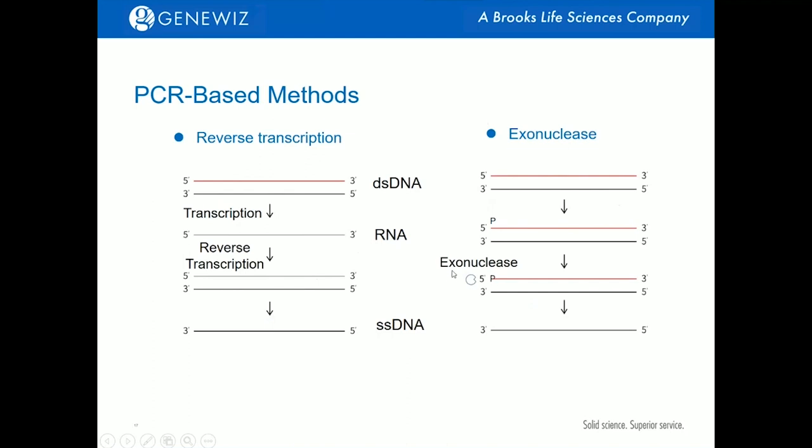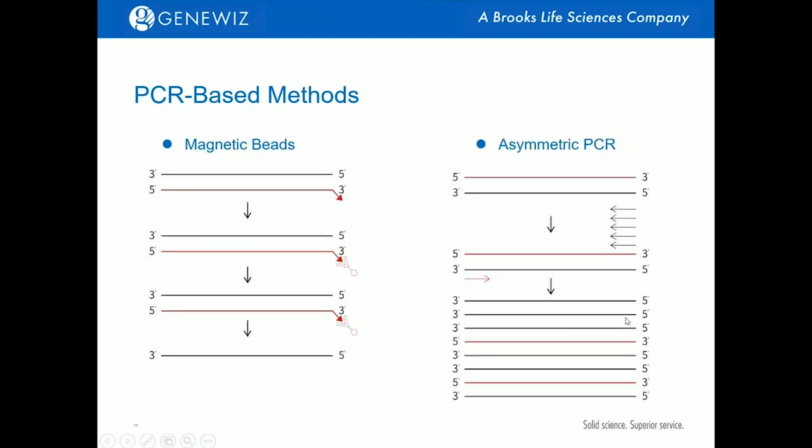As we know, a special type of exonuclease only recognizes such a phosphorylated 5' end, and it will preferentially digest the strand, the red strand here. So in theory, only the black strand remains after the exonuclease treatment, which again is the ssDNA you want.